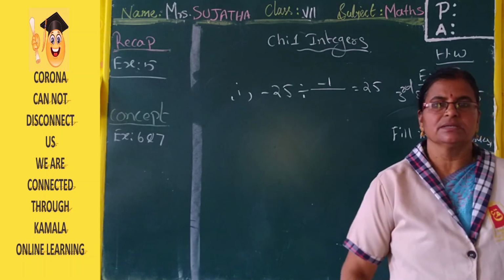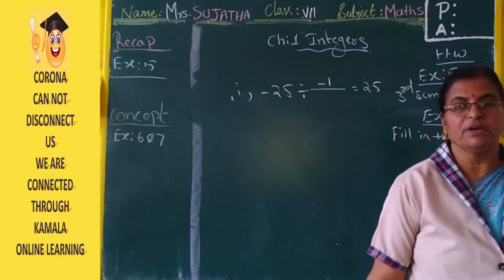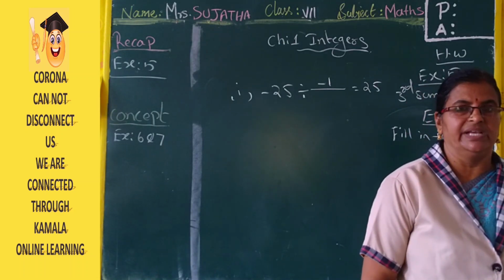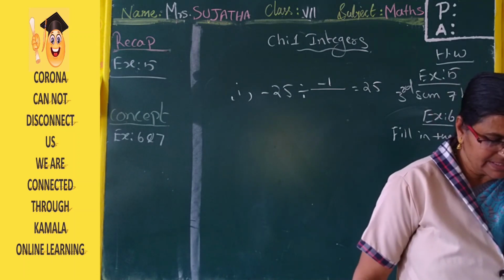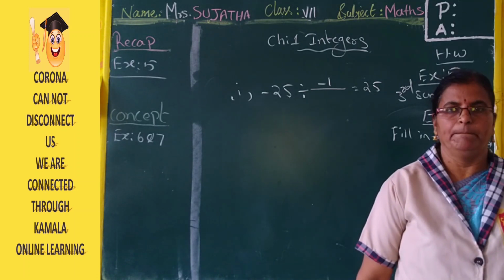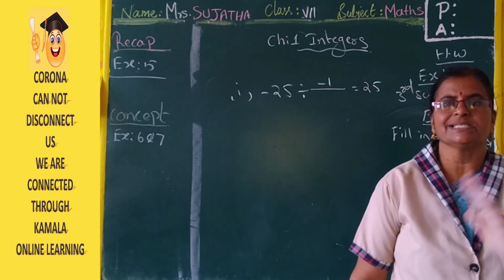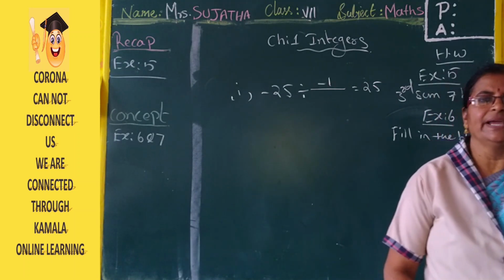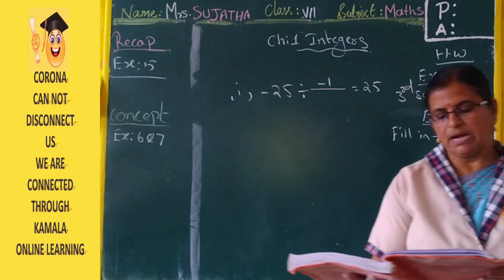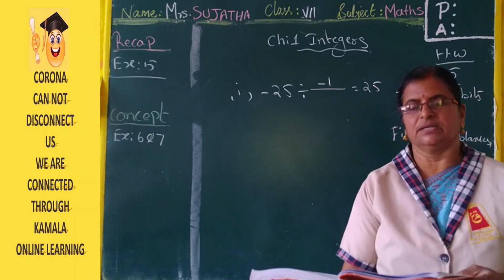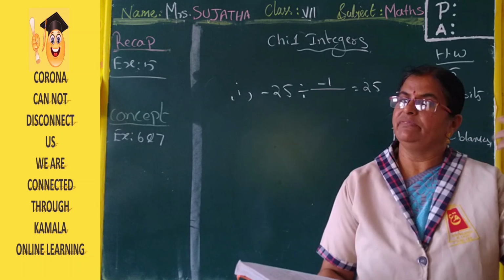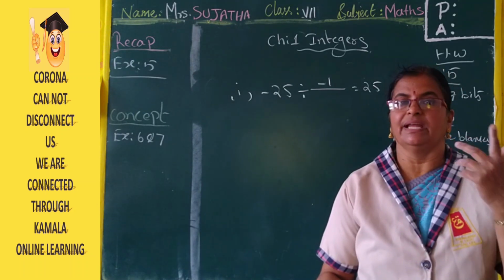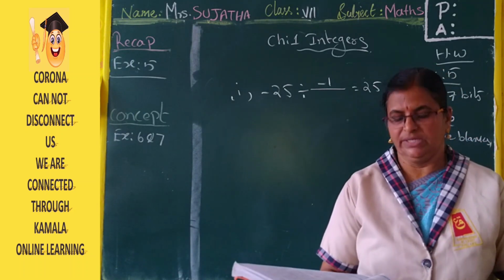This type of sums we already did in the previous exercises, but this is somewhat bigger. The procedure is like that only. In a test, plus 5 marks are given for every correct answer. In the previous sum, 10 questions were given like that; like that only this also.